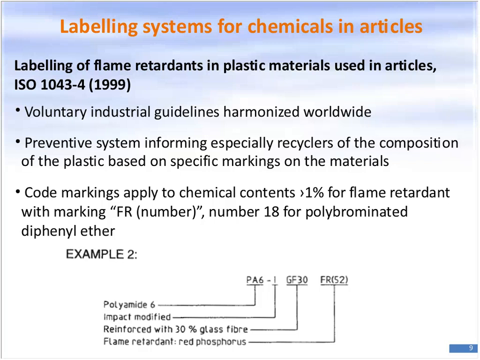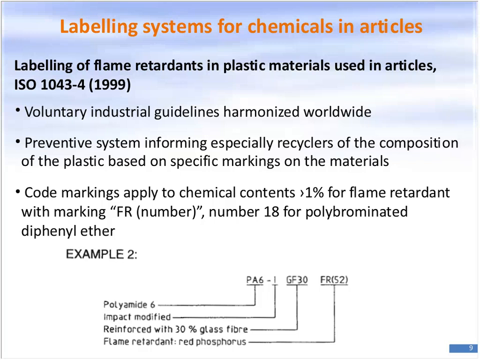There is a code marking that is imprinted on the small plastic particles, and it should be there. If there is more than 1% of a flame retardant, then you would get a marking FR with a number, and the number 18 would be for polybrominated diphenyl ether. And you see an example where the flame retardant is red phosphorus. It would be FR52.